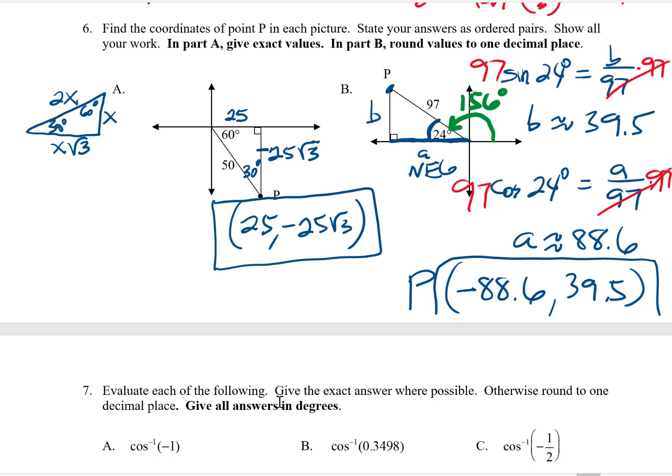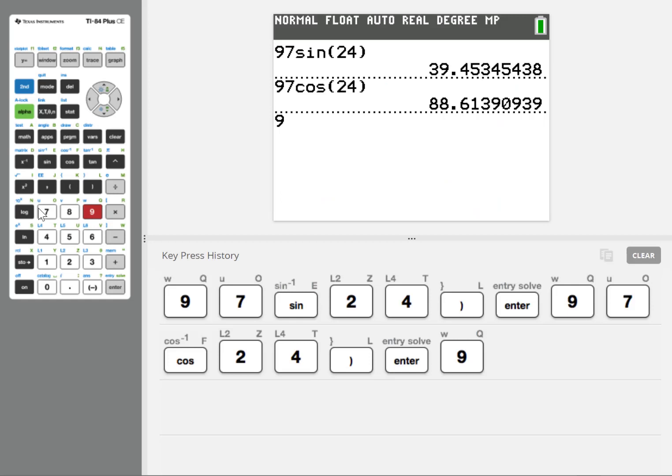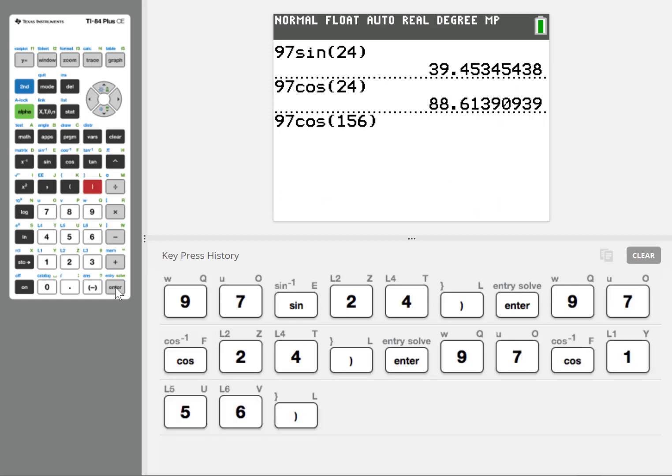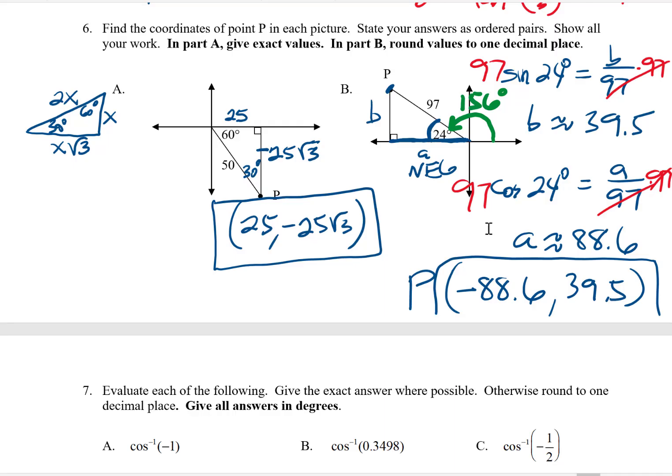Take a look in that last calculation. If I type in 97 cosine 156, then it correctly comes out negative 88.6 because now I'm using the actual name of that angle. Either way is fine, you just have to make sure you, of course, get the correct answer.